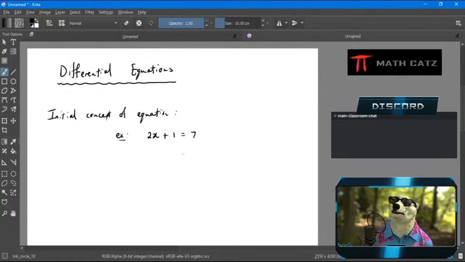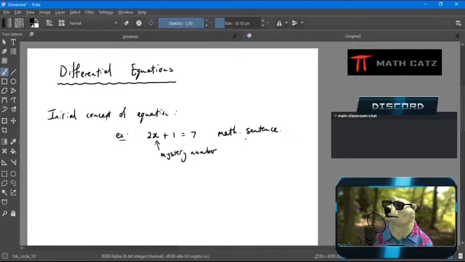That could come from a word problem or not, or just made up. You're practicing the algebra, whatever. This is our concept of an equation. So it's a mathematical sentence giving me information about this missing or mystery number.